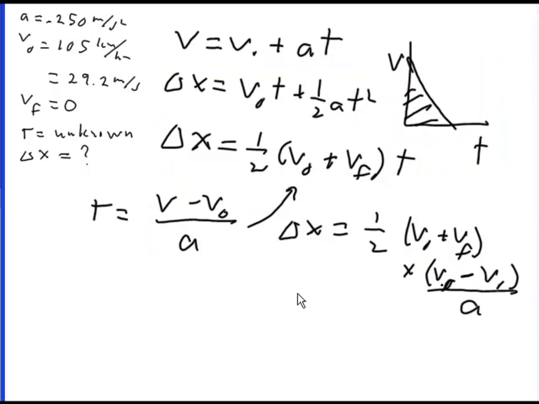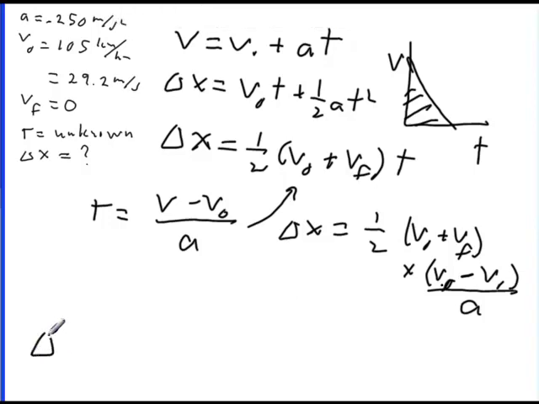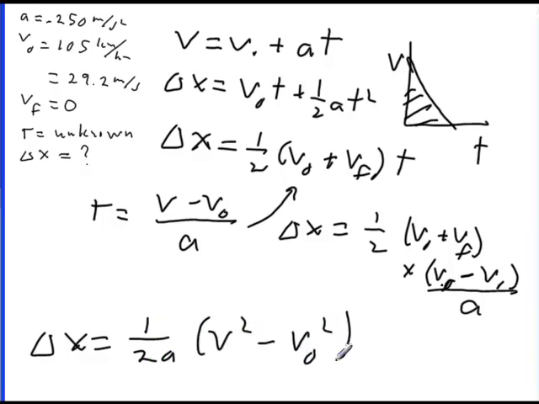So this tells me that delta x is equal to 1 over 2a times v squared minus the initial velocity squared, where this is the final velocity squared. All right, now I can stick in my numbers and I can find an answer.